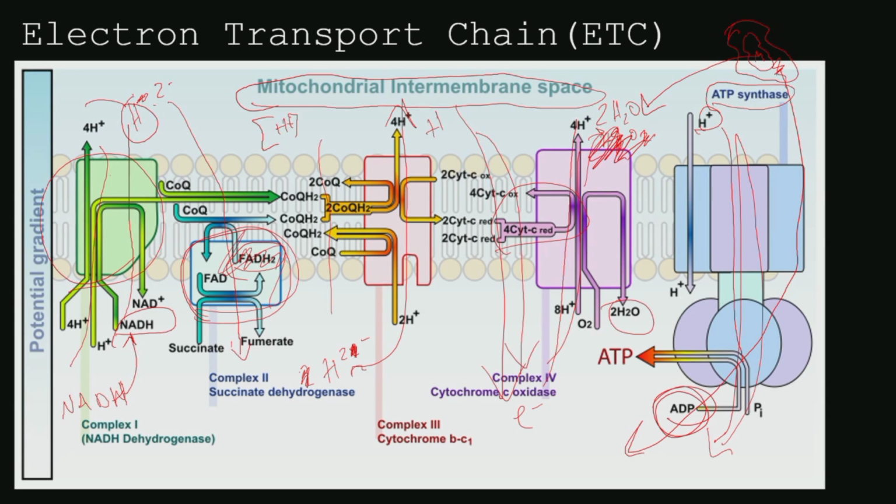So this one goes through later in the process, and that's why fewer hydrogen ions are put in the intermembrane mitochondrial space, thereby making the production of ATP lower.